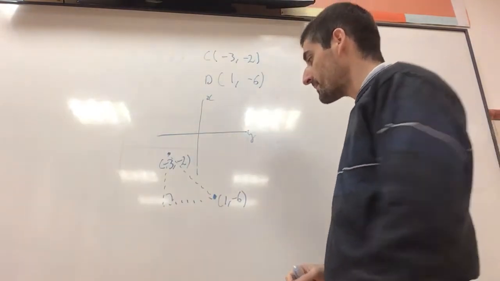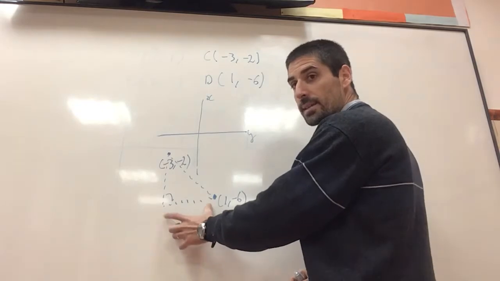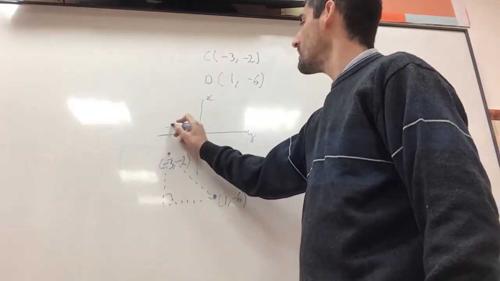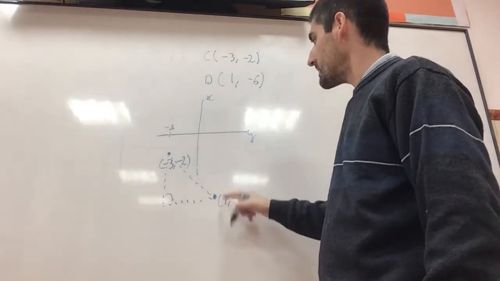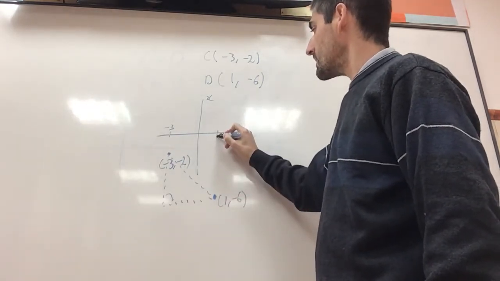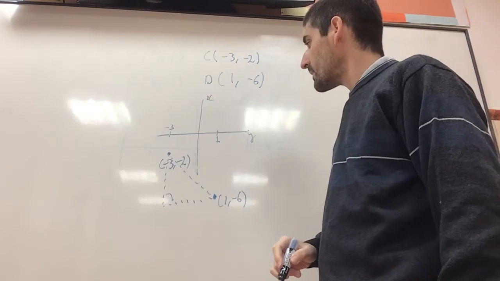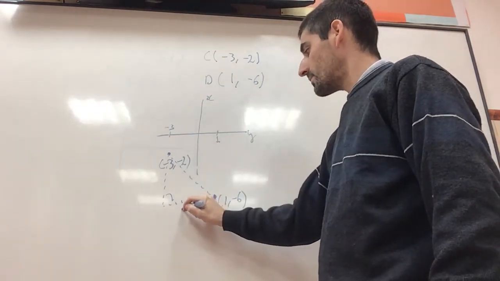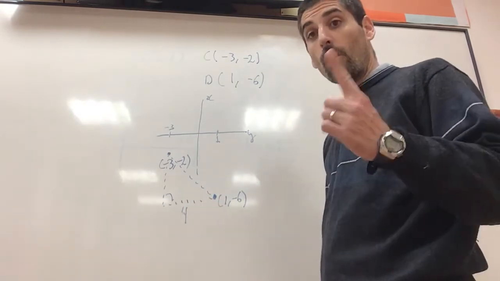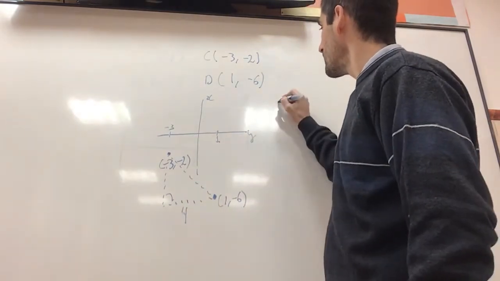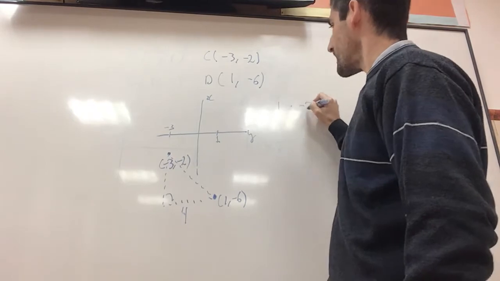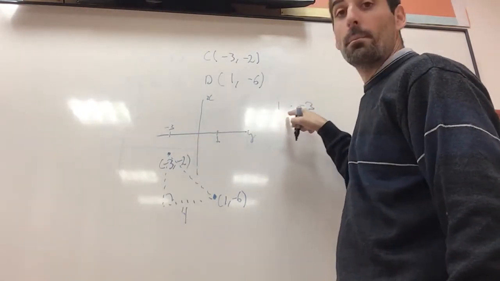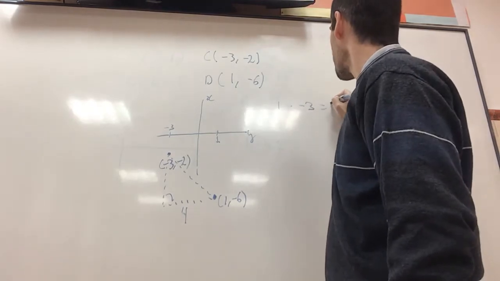Now, again, how long is that side? Well, this point is at -3 on the x-axis, and this point is at 1. So that distance there from -3 to 1 is 4. Or I could do 1, take away -3, which is the coordinate, 1 minus -3 is 4.